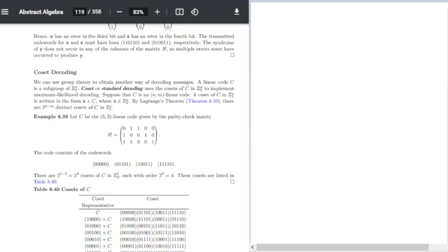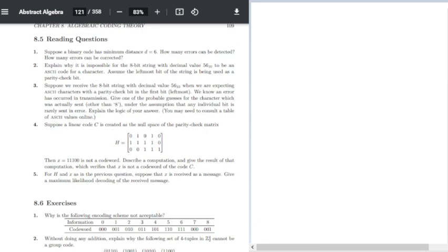Okay. Explain why it is impossible for the 8-bit string with decimal value 56 base 10 to be an ASCII code for a character. Assume the leftmost bit of the string is being used as a parity check bit. What I'm going to assume is that the 8-bit string, so if we convert this to base 2, we're going to get a number that is, oh gosh, 56 to binary.